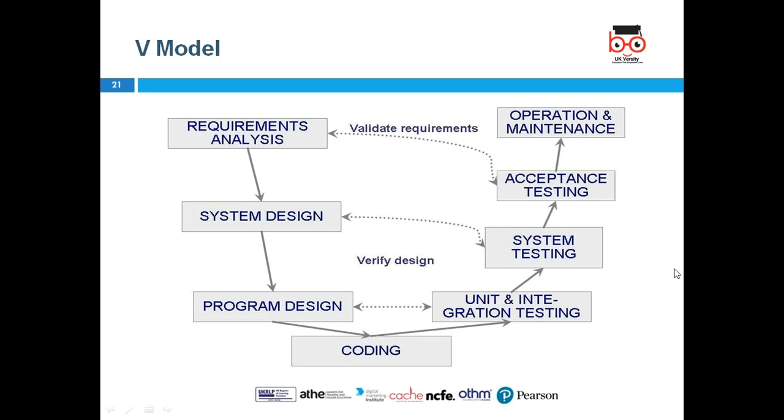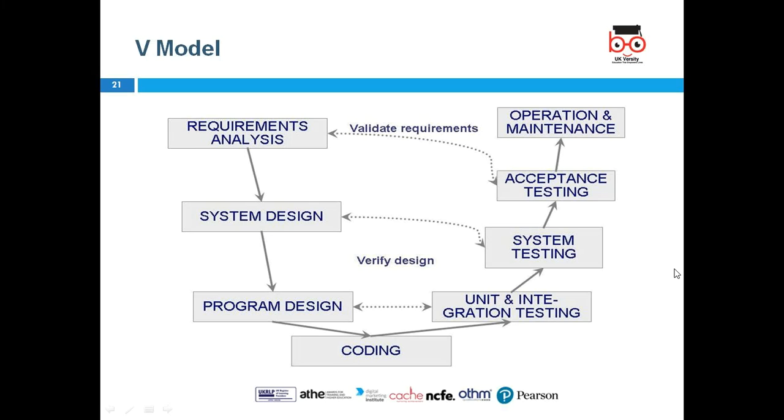So what they basically say is that on the left hand side, for example, you have the same four, let's say stages: requirement, design, coding. Then what you need to do, if you are in the requirement analysis, then after reaching the program design, you keep on testing basically in parallel.